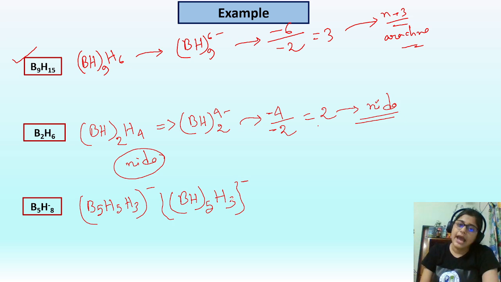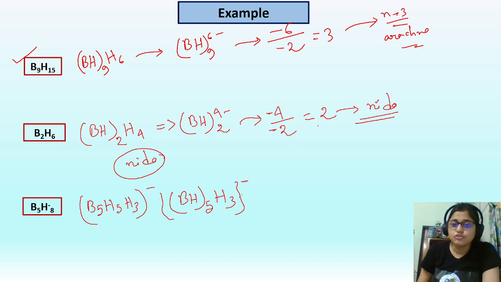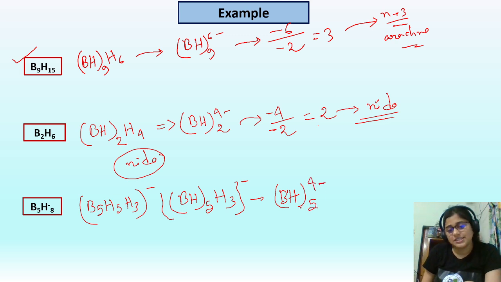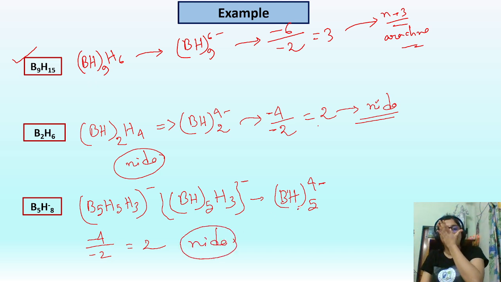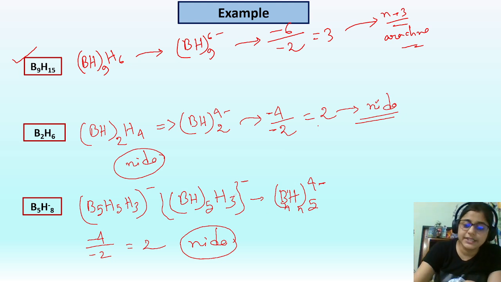After removal of 3 hydrogen, we get 3 negative charge. So total it will be BnHn and 4 negative charge, right? Now if we divide minus 4 by minus 2, it will be 2. So it will be nidoborane. Simple, right? This BH unit is nothing but BnHn, which means B5H5.